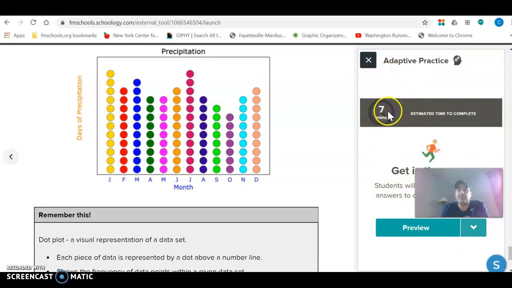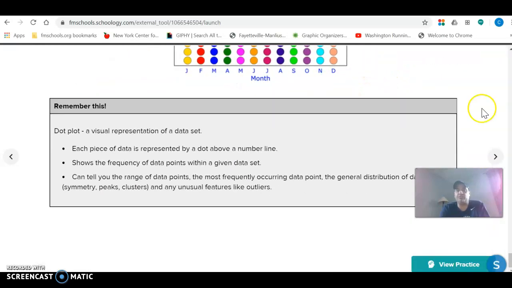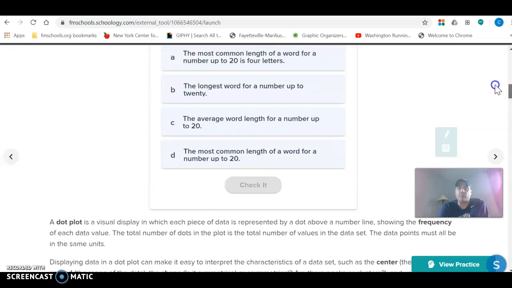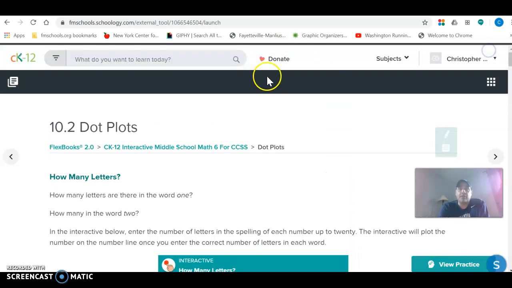Again, it's telling me it should take me about 7 minutes to complete. What some of you were forgetting to do last week, and I had to go back and do this for you, I'm not going to do it this week, is after your lesson practice, you have to go back to the top, and you have a yellow button up here that says turn in. You need to turn that assignment in, okay?